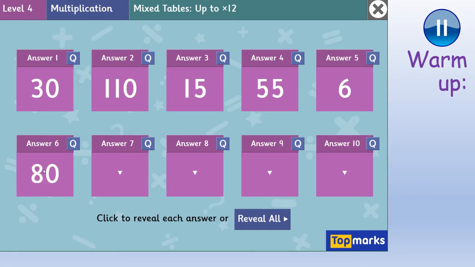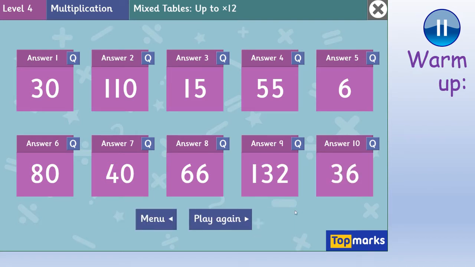Question 6, 80. Question 7, 40. Question 8, 66. Question 9, 132. And finally, question 10, 36. Well done. Make sure you give yourself a score out of 10 and we'll see if we can beat it next time.